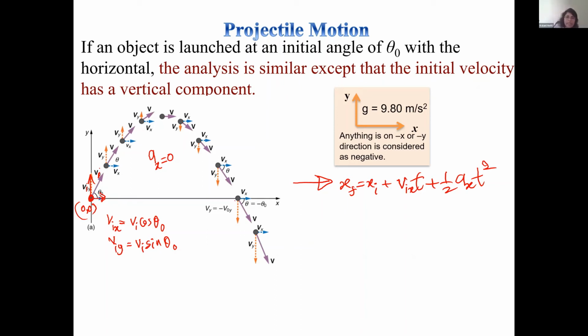Now x final is where it is going to land. This is the x final distance. We call it the range. If it completes its position and lands, that distance we call the range.